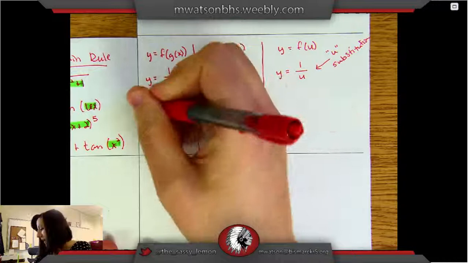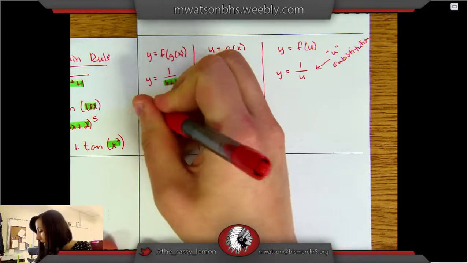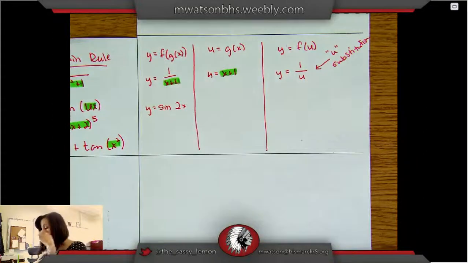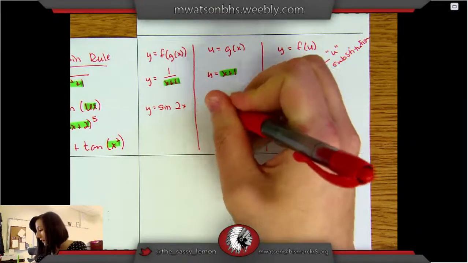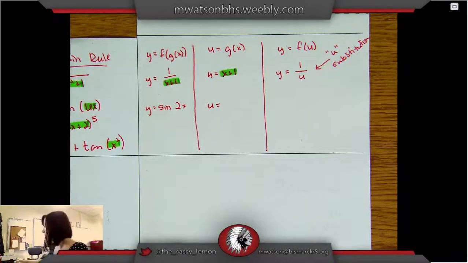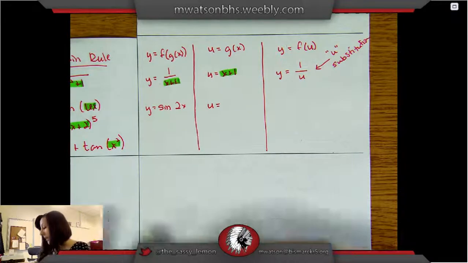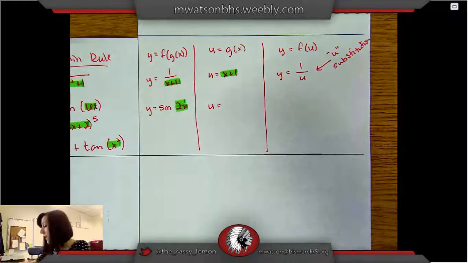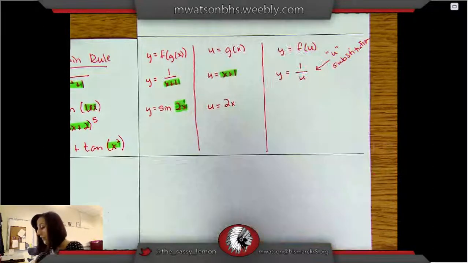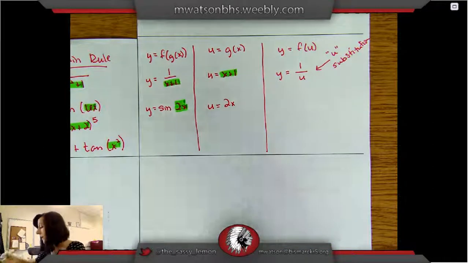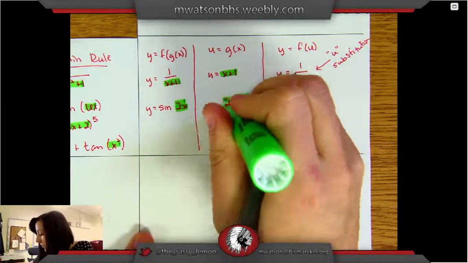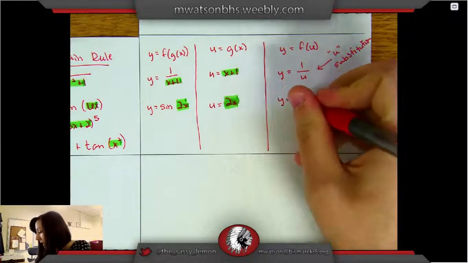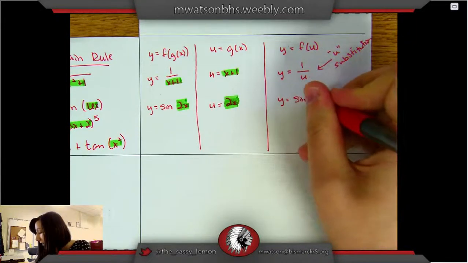So say we have y equals sine of 2x. So what is our inside function that's causing this to be composite? Hopefully you thought 2x, because that is the inside function. So I'm going to write it right here. So now my u equals 2x. This allows me to do a u substitution and say that y is now simply sine of u.